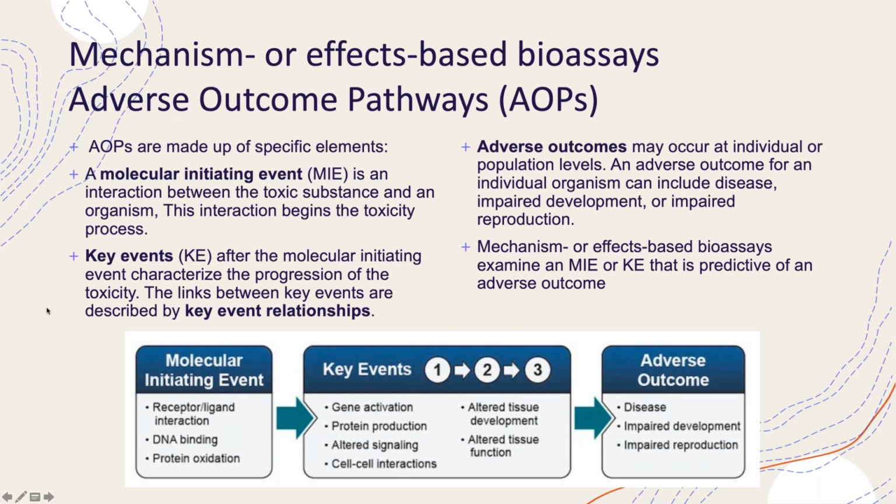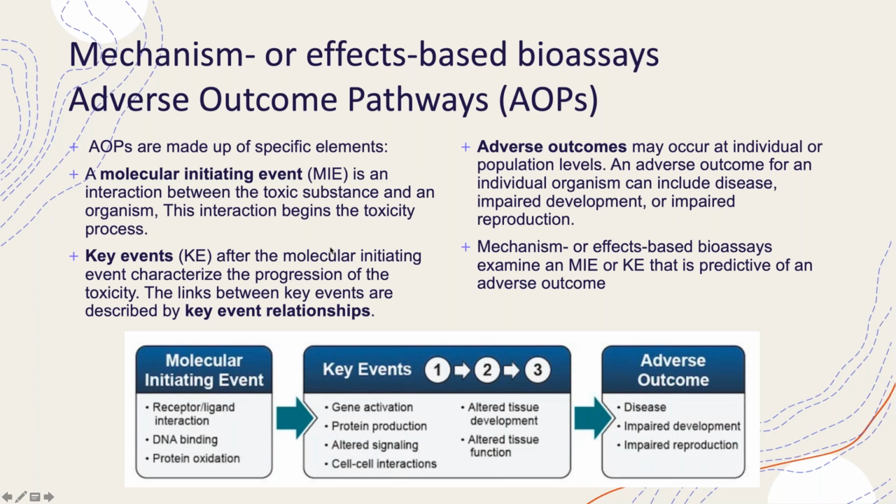And the way that these adverse outcome pathways are being framed, they are linked pathways that have three major components. We have an initiating event that is linked to, so we have a relationship to other key events that, again, is predictive of some adverse outcome.